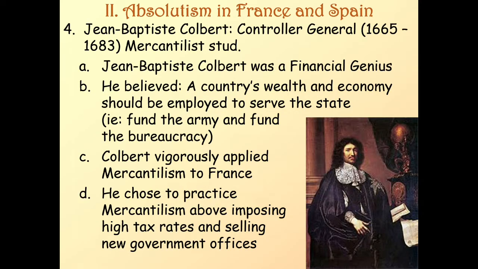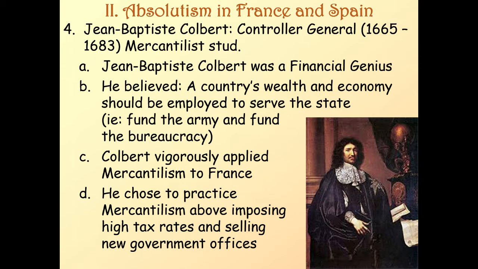Jean-Baptiste Colbert, he was the Controller General from 1665 to 1683, and he was a mercantilist stud. Jean-Baptiste Colbert was a financial genius. He believed that a country's wealth and economy should be employed to serve the state. In other words, its wealth and its economy should serve the army and fund the bureaucracy. And Colbert vigorously applied mercantilism to France.